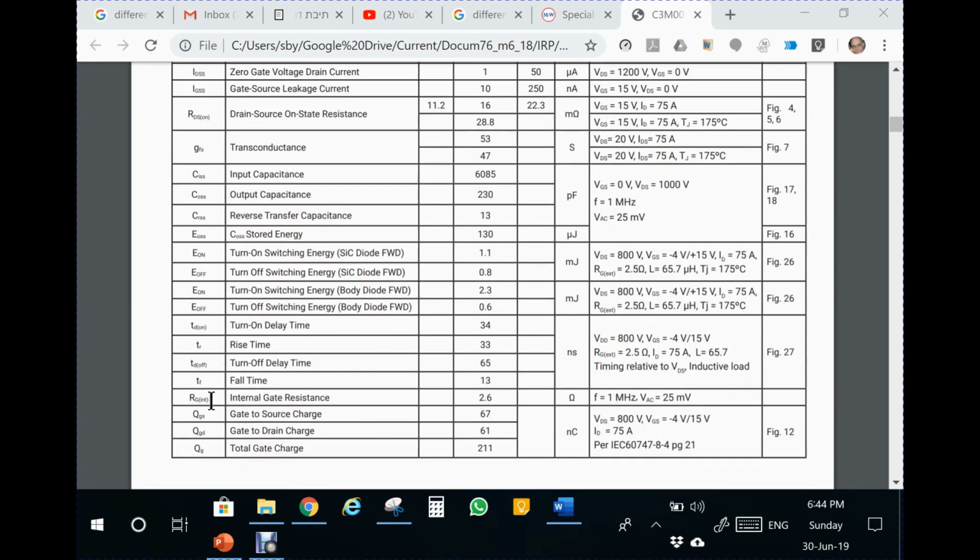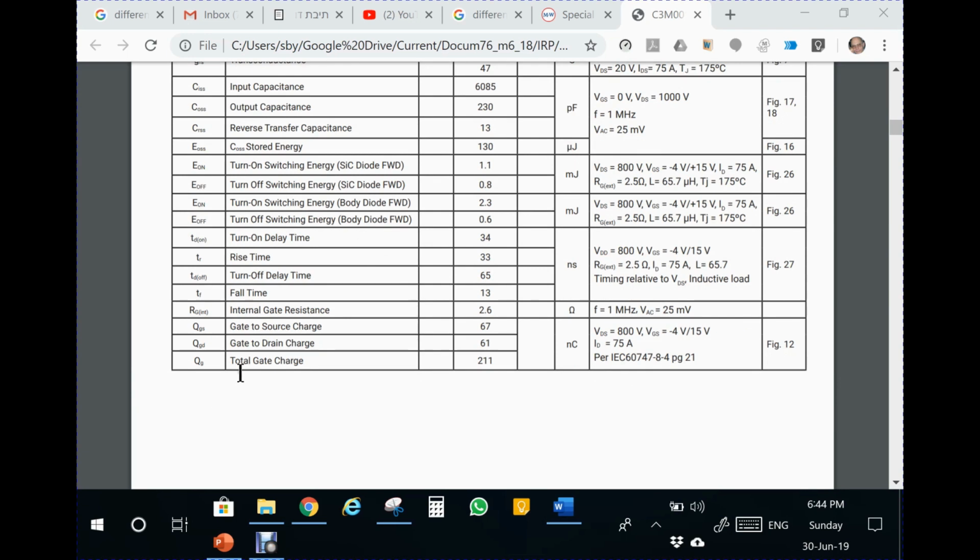Obviously it has to be here, and here it is. Total gate charge is 211 nanocoulomb. Now this is important because it tells you how much current you need for the driver, the peak current, in order to charge or to transfer this energy to the gate.